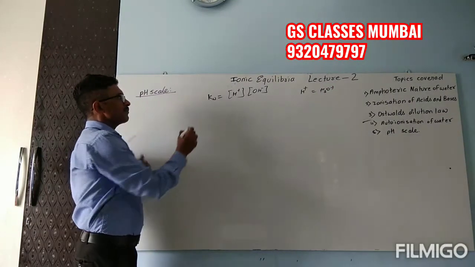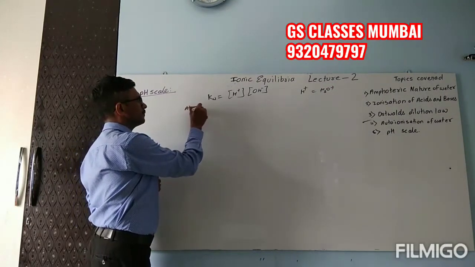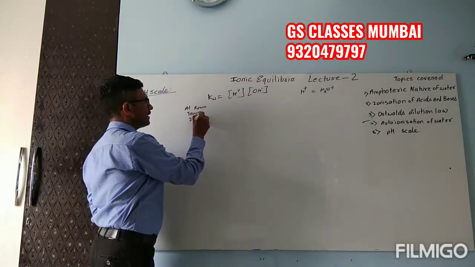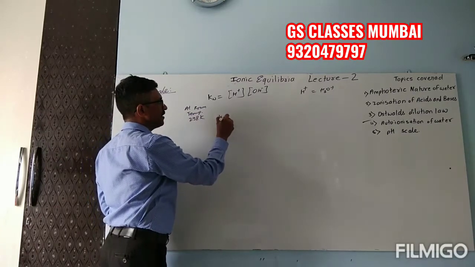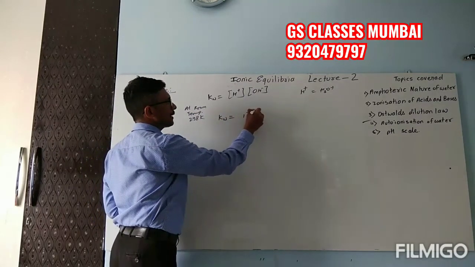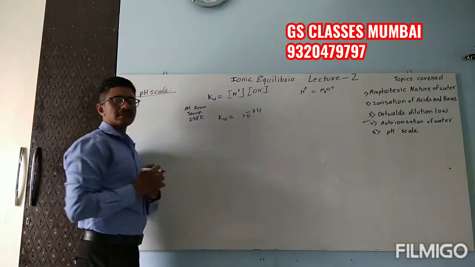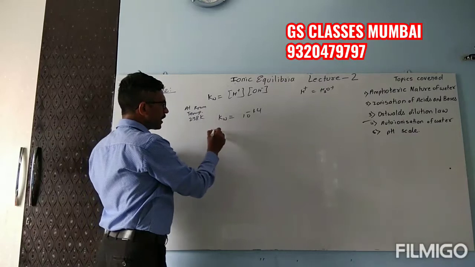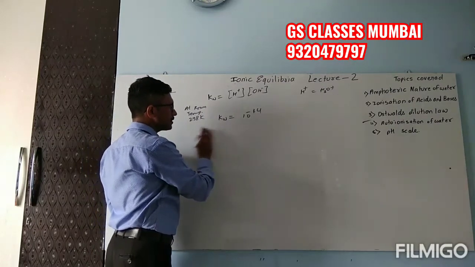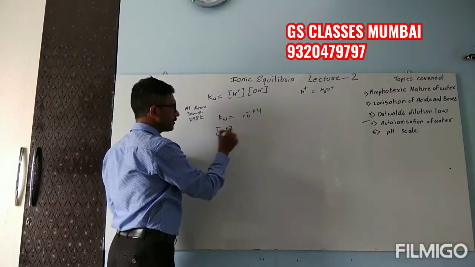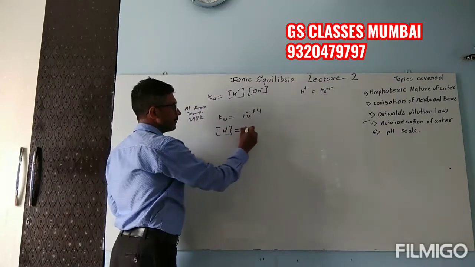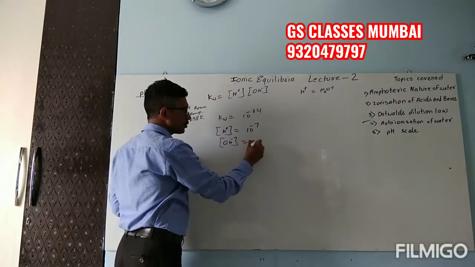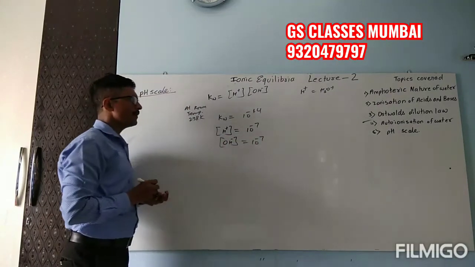So, at room temperature, that is at 298 Kelvin, Kw is going to be 10 to the power minus 14. This is what we have seen, children. Also, you have seen that hydrogen ion concentration is going to be 10 to the power minus 7. Hydroxide ion concentration is going to be 10 to the power minus 7.